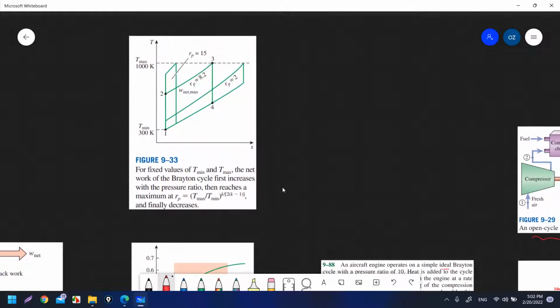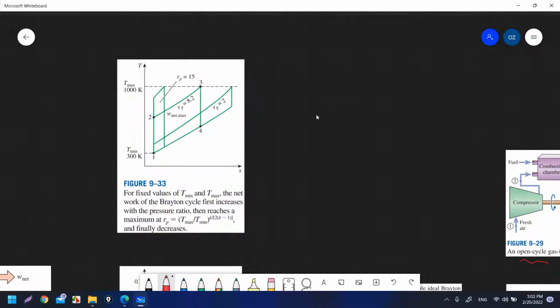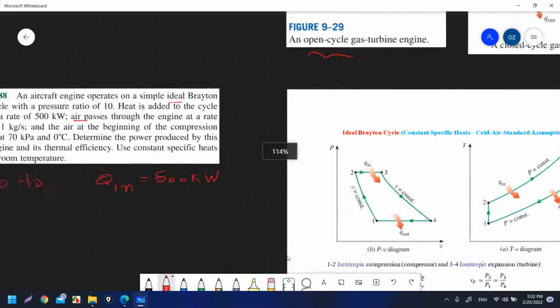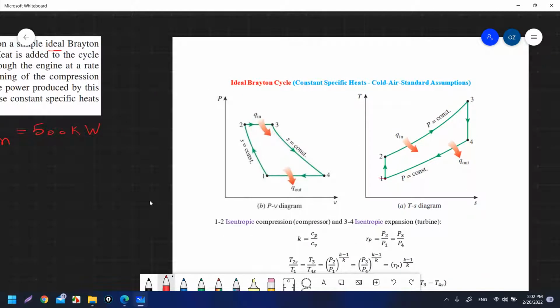Also, regarding the pressure ratio, work for fixed values of T minimum and T maximum. T minimum is at state 1. Here you can see that T minimum is at state 1, that is T1, and T maximum is T3.